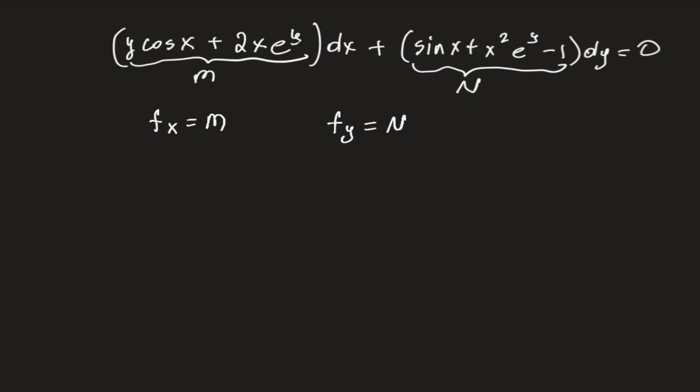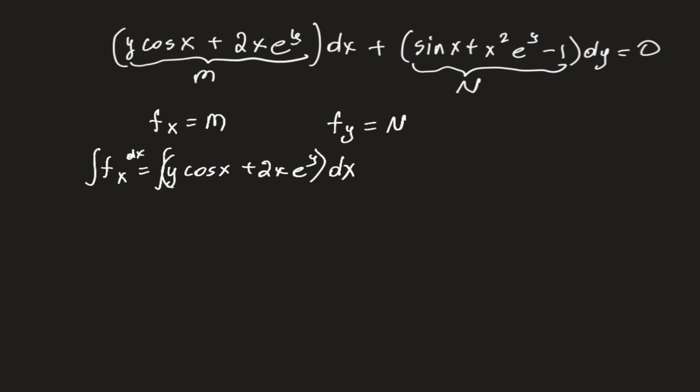For this example, I'm going to start with m again. So the partial derivative with respect to x is going to equal y cosine x plus 2x e to the y. So I'm going to find an integral with respect to x of m.